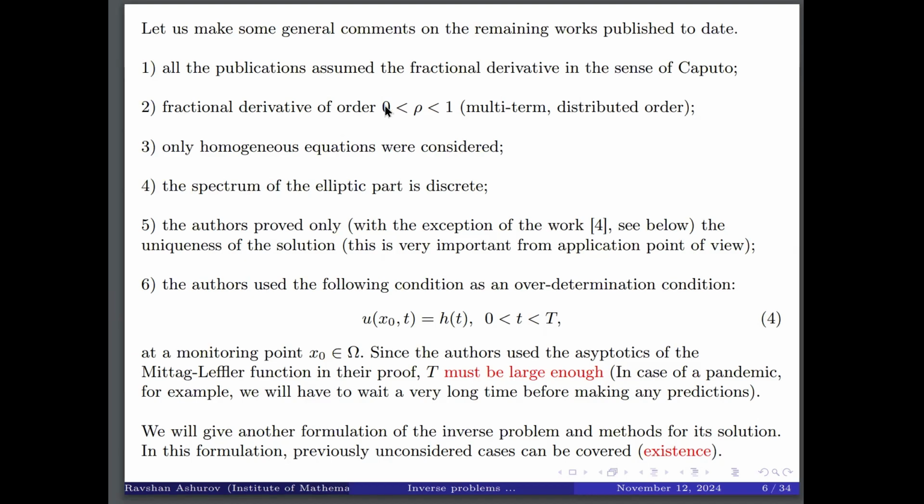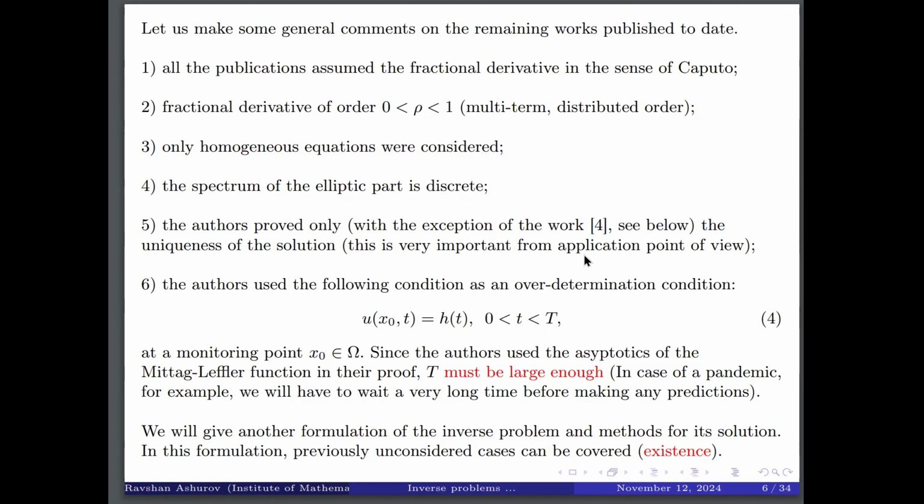First, in all publications, authors consider only the Caputo derivative. And second, the derivative order lies between 0 and 1. And authors considered only homogeneous equations, and the spectrum of the elliptic part is discrete. And authors proved only uniqueness of the solution of this inverse problem.